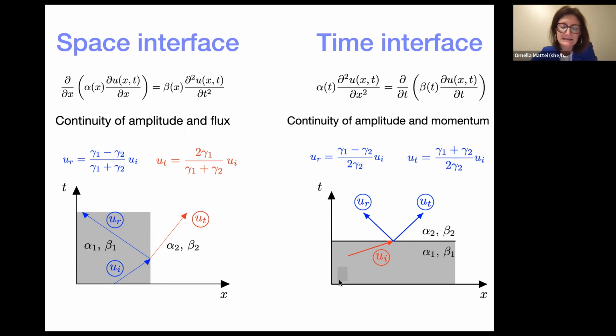But here, the main difference between these two is that, given that for a time interface you don't have conservation of flux, you don't end up with conservation of energy. So in general, when you have a time interface and a pulse that propagates through it, you see that energy is going to increase in time due to the fact that you have to pump energy into the system in order for the material to change properties from alpha 1, beta 1 to alpha 2, beta 2.